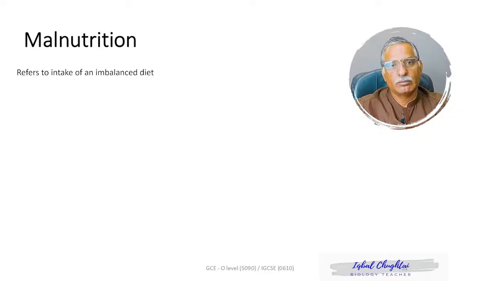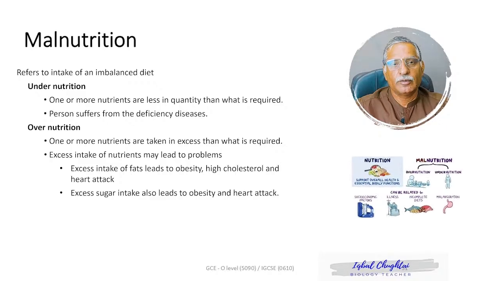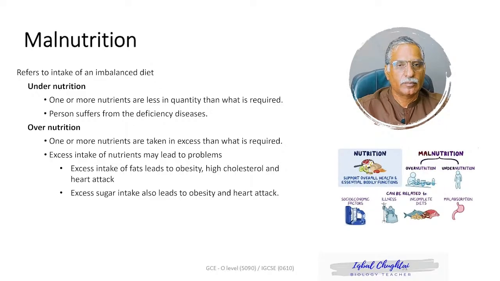Malnutrition can be categorized into undernutrition and overnutrition. Undernutrition means one or more of the nutrients in the diet are present in less quantities than required, and the persons using such diets will suffer from deficiency disorders.